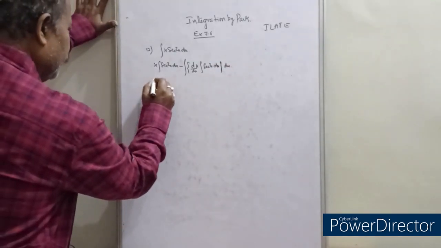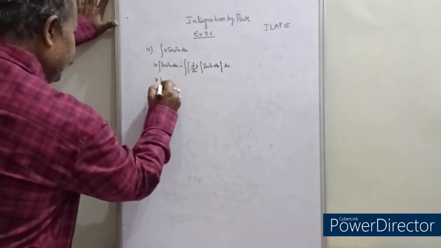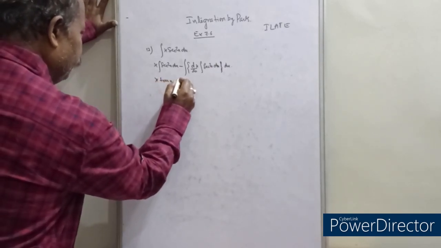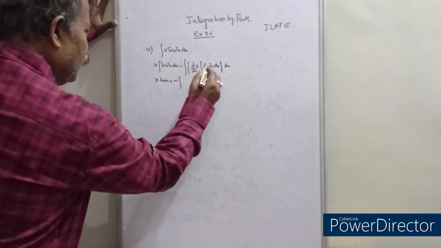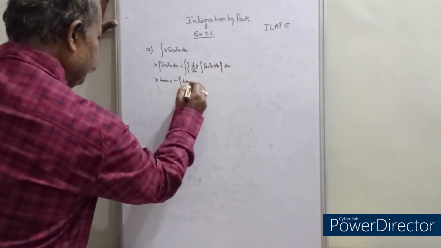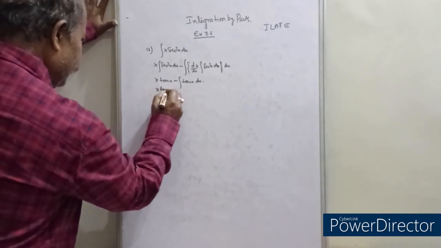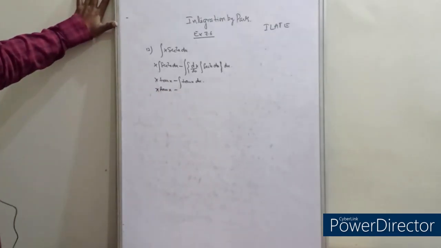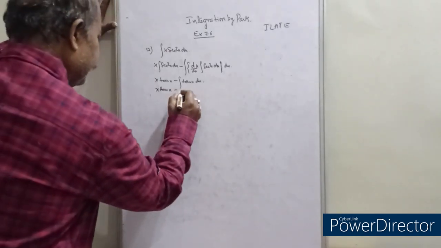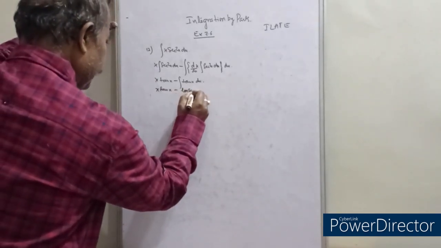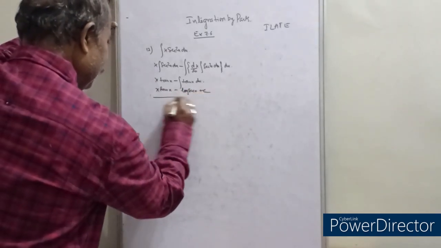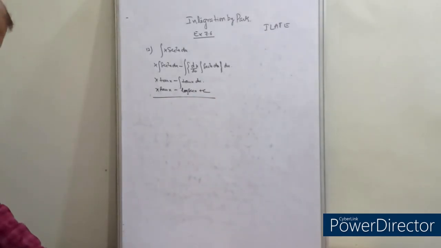So x integration of sec square x is tan x, you all know that, and this is 1, and instead of sec square x this is tan x and dx. Now x tan x, and integration of tan x is log sec x plus c. This is your answer.